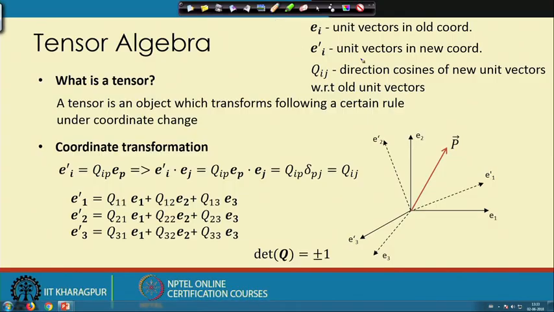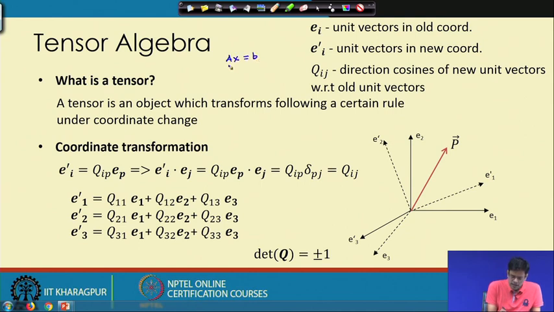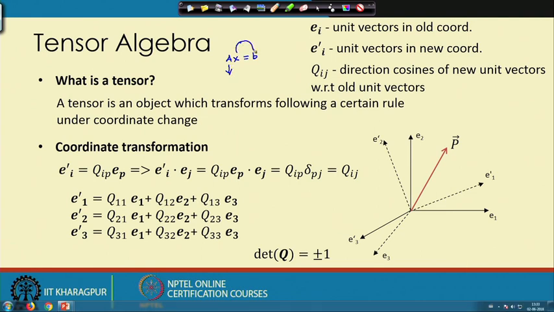Just like we have introduced square matrices or the matrix-vector equation A x equals b, this is a second order tensor which transforms the vector x to the vector b. If x belongs to a vector space and b belongs to another vector space, then we can say A transforms one vector space to another vector space.